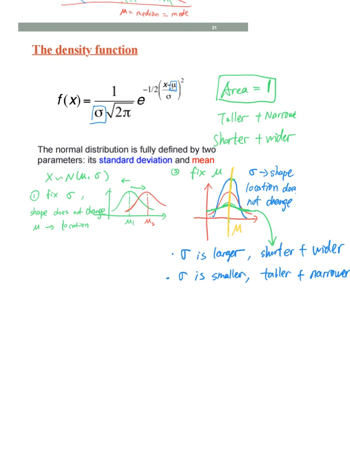Okay, so this is the probability density function. And for the probability density function, we need to be careful about the 2 parameters, the mean and the standard deviation. If I change the mean or the standard deviation, it will change the shape or the location of the curve. Okay.